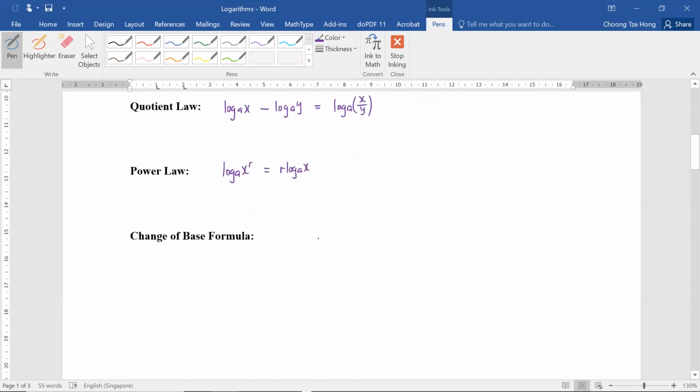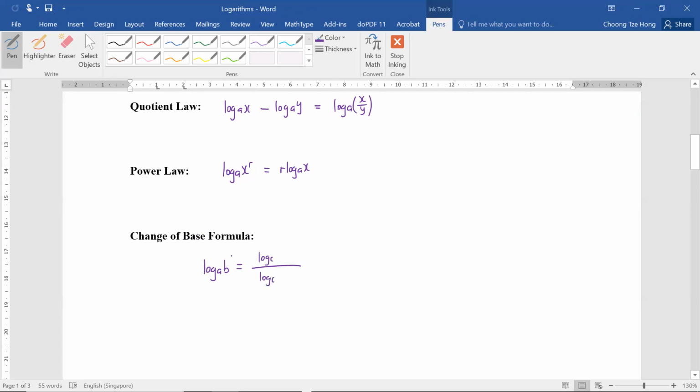Finally, before we look at the questions, let us look at this important thing called the change of base formula. The change of base formula allows us to change the base of a logarithm to any other base that we want. Let's say we want to change it to base c. All you need to do is write log base c over log base c.